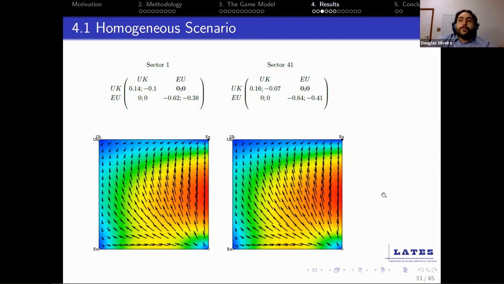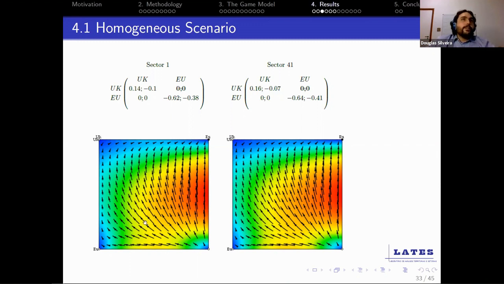And again, for those who are familiar with systems of ordinary differential equations, this is just a vector field, a phase diagram, in which we can see the evolution of the strategic behavior of the firms.